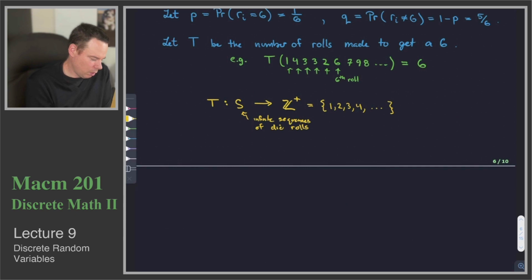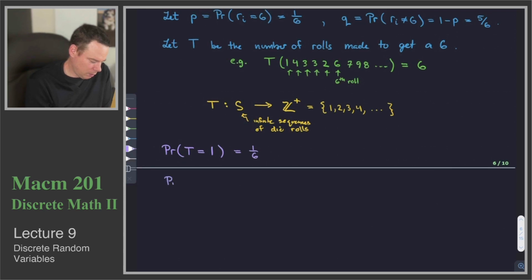We'd like to know the probability that we take on a particular value in the range. So what is the probability, for example, that our random variable T is equal to 1? What is the probability that we get a 6 on the first roll of the die? Well, that would be 1/6.